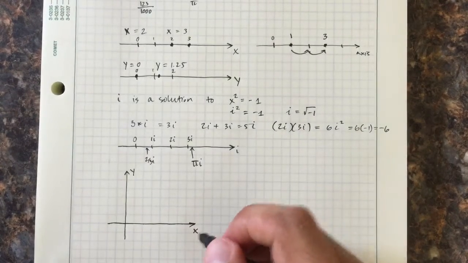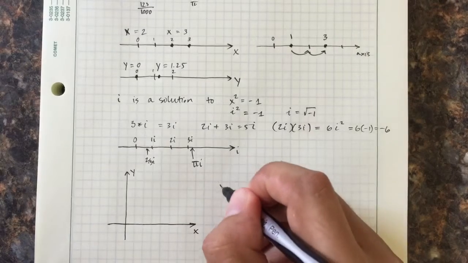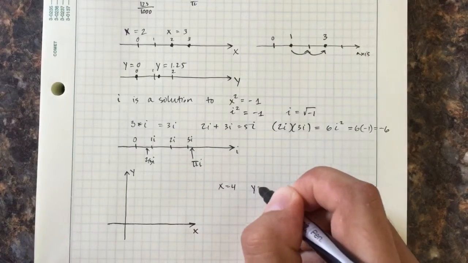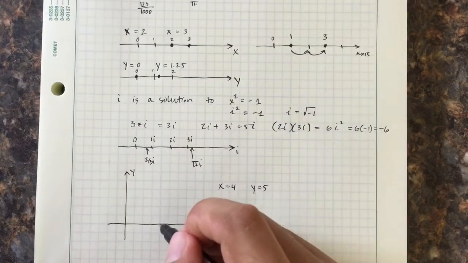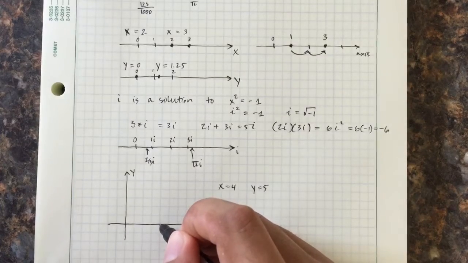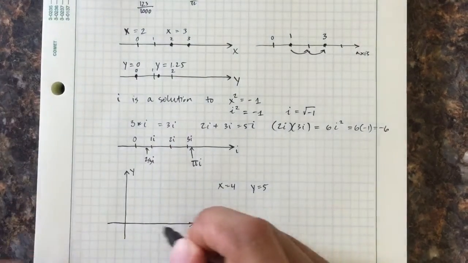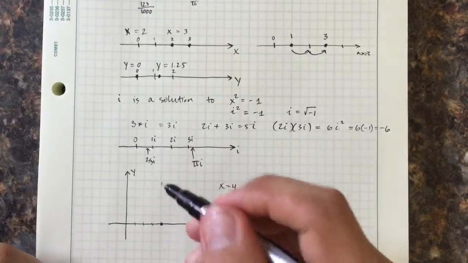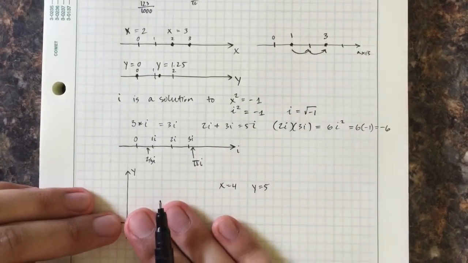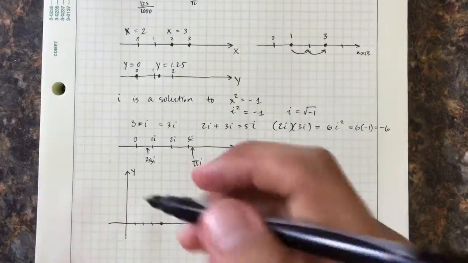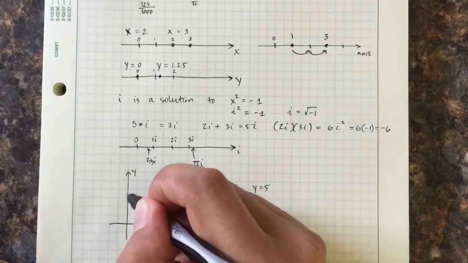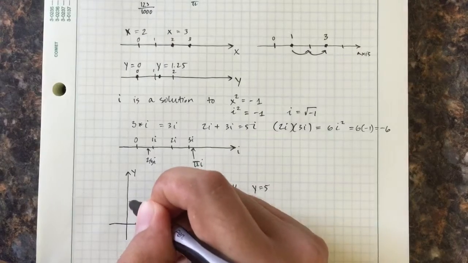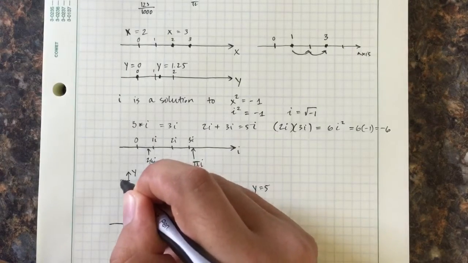So if we happen to have an x value of 4 and a y value of 5, on the x-axis this would be 1, 2, 3, 4. So 4 is located on the axis itself, out of the context of the coordinate plane. y equals 5 would be 1, 2, 3, 4, 5, right here.